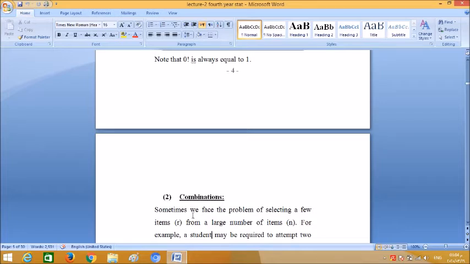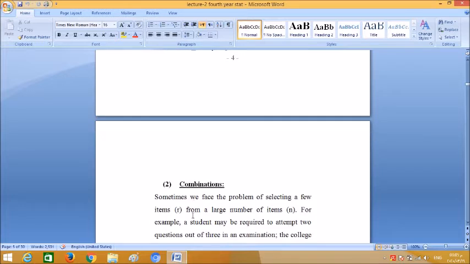For example, a student may be required to attempt 2 questions out of 3 questions in an examination. Okay? So the student must choose 2 questions from 3 questions.